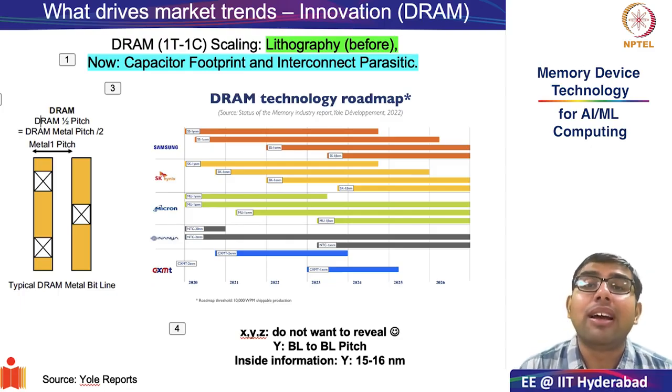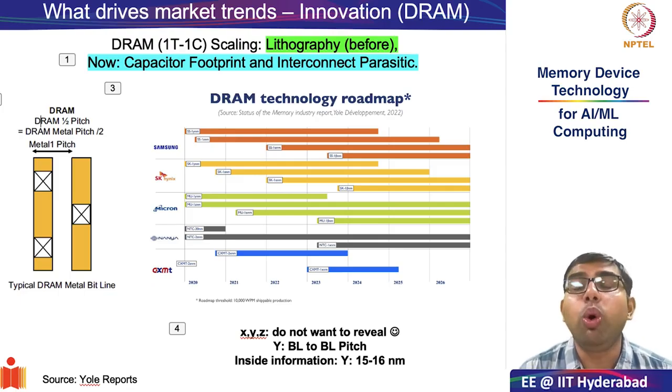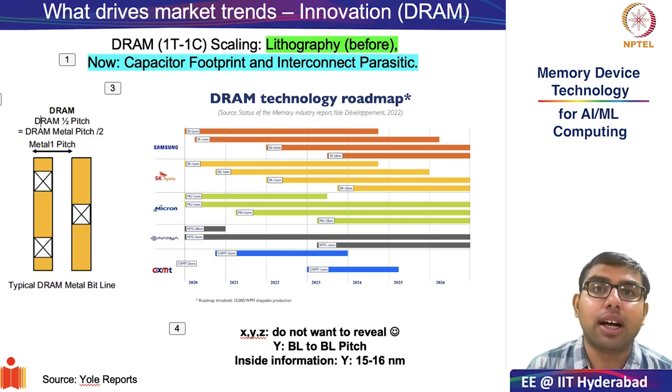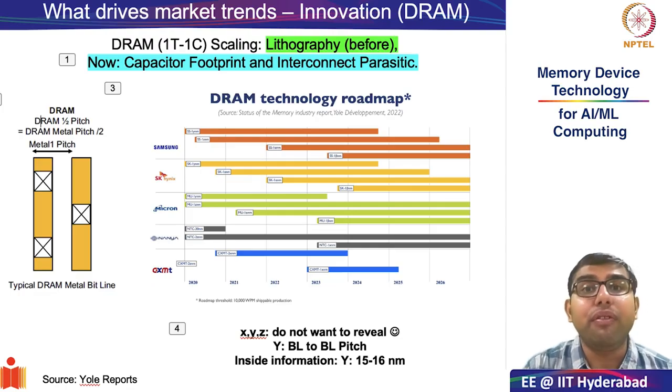With this, we started asking the question, what is driving market trends when it comes to memory devices? We saw it is based on two key factors. The first is innovation, but the second is not just innovation, but how quickly you can innovate. In the ending stages of the previous session, we saw what is driving the technology for SRAM and for DRAM.